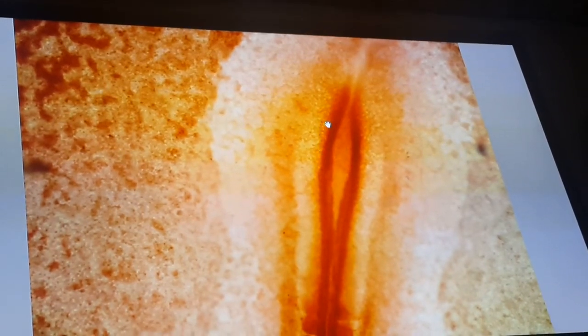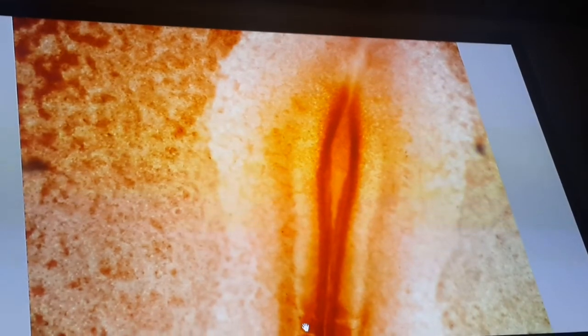This is the single heart tube after fusion of the limbs of the U-shaped heart tube. Again, caudally, we can see the primitive streak with the anterior end, that is the primitive pit, surrounded by the primitive knot, and just look at the somites.